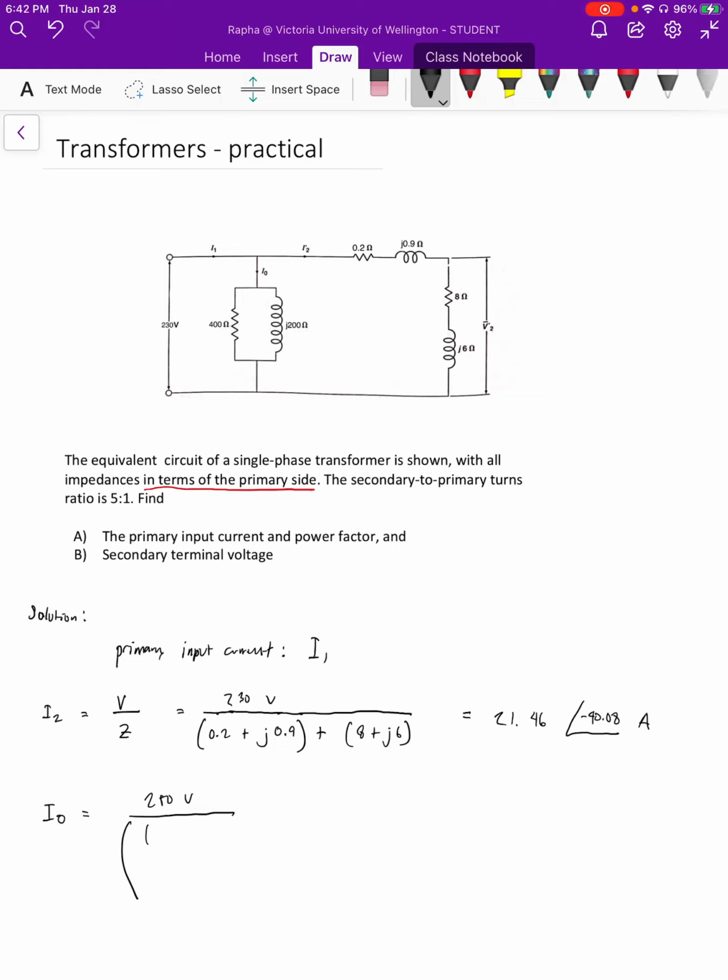We have 400 times J 200 over 400 plus J 200. We can go directly to the calculator, and the answer is 1.286 angle negative 63.43 amperes. So don't forget the units.